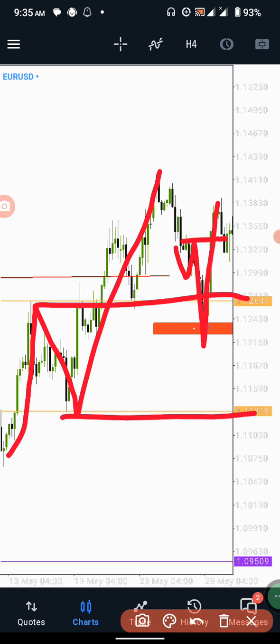Remember, each candle in H4 forms over 4 hours, but 1 hour candles form in 1 hour. So the 1 hour chart can form structures faster than H4, and it can give us setups faster. So to avoid over confusion, you can first shift to H1 to see what H1 is trying to show us.